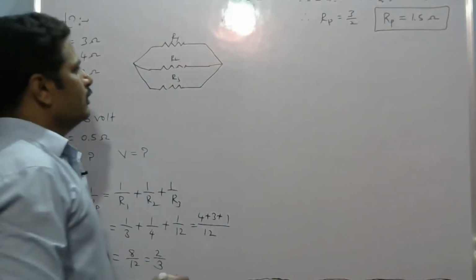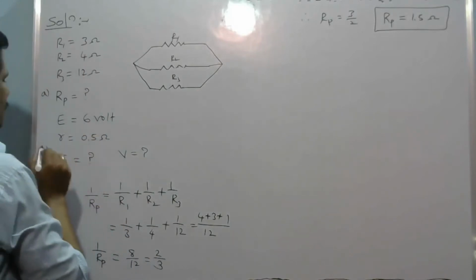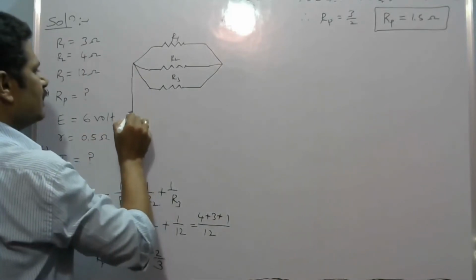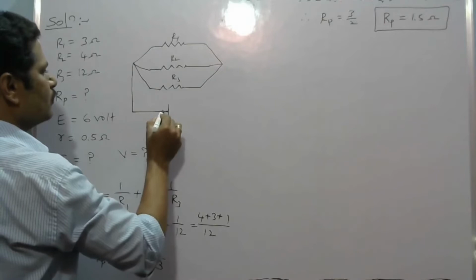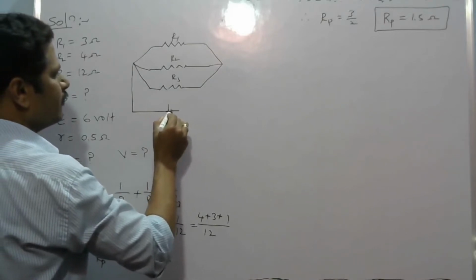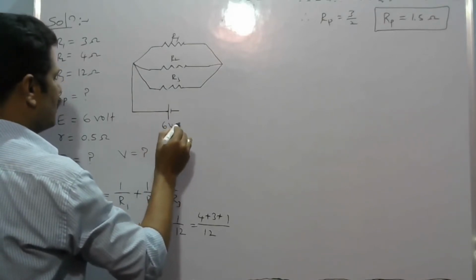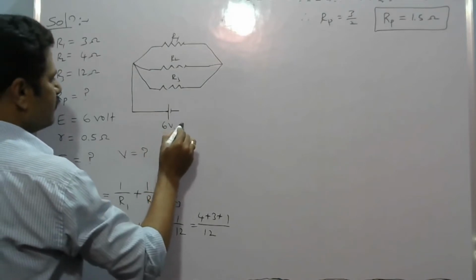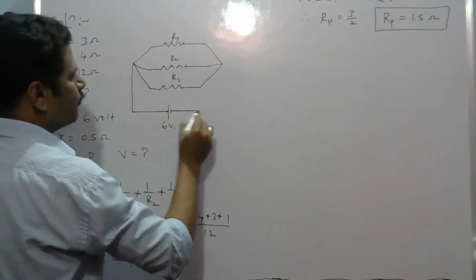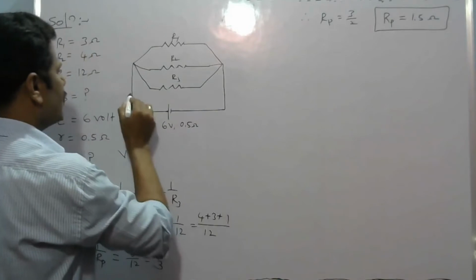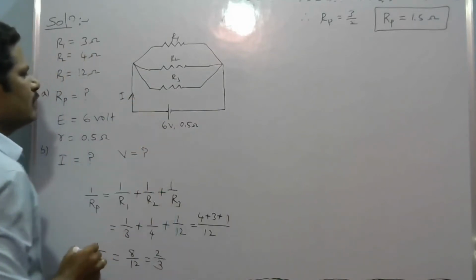Now we need to find out the current when this combination is connected to the source of EMF 6 volt and internal resistance 0.5 ohm. We need to find the current in the circuit, or current drawn by the battery.